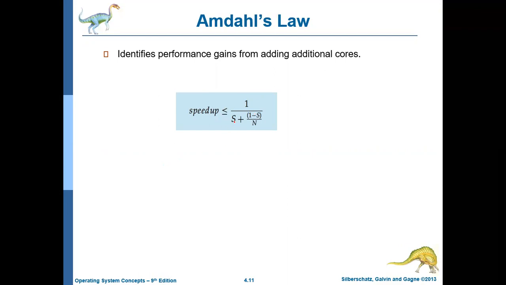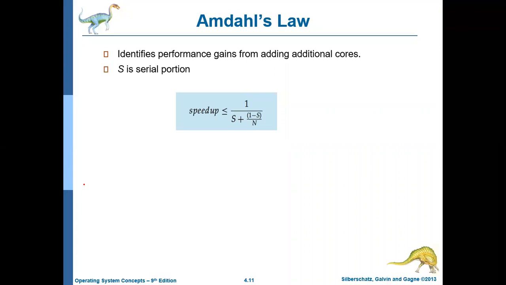Here there are two variables, s and n. So what is s and what is n? s represents the fraction, or the percentage, of serial operation. In a system, when a process is running, it may have two types of tasks: the set of tasks that can be done in parallel and the set of tasks that should be done serially.